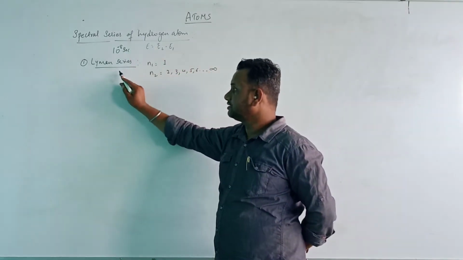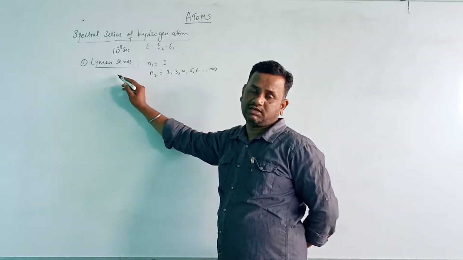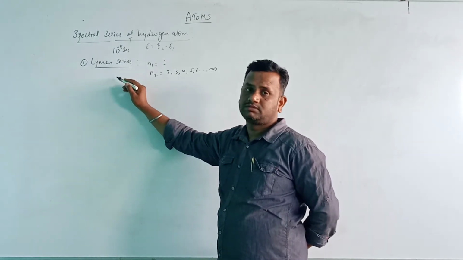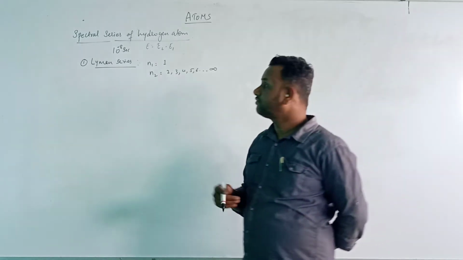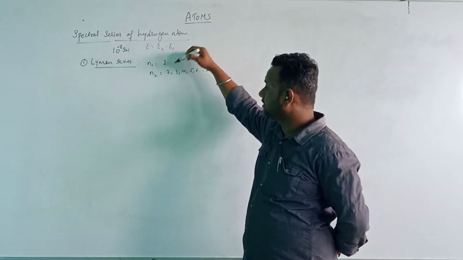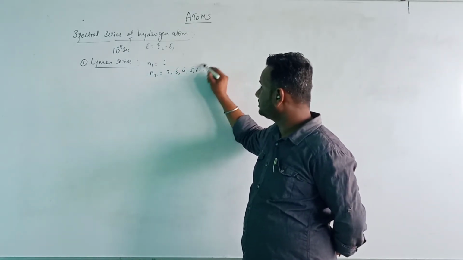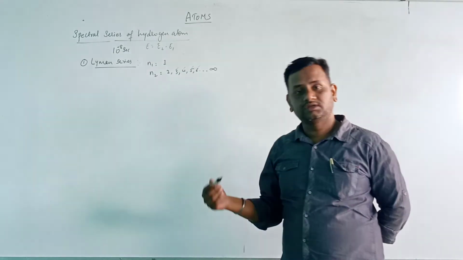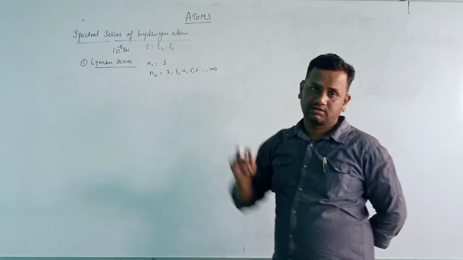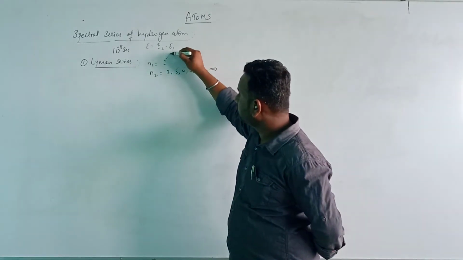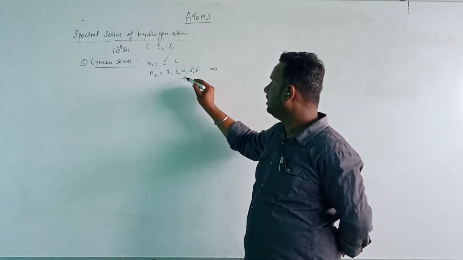So this series consists of all the spectral lines emitted because of the transition of electron from the higher orbit, here meaning 2, 3, 4, 5, 6, to the lower orbit. Here the lower orbit is the first orbit, and these are the higher orbits.